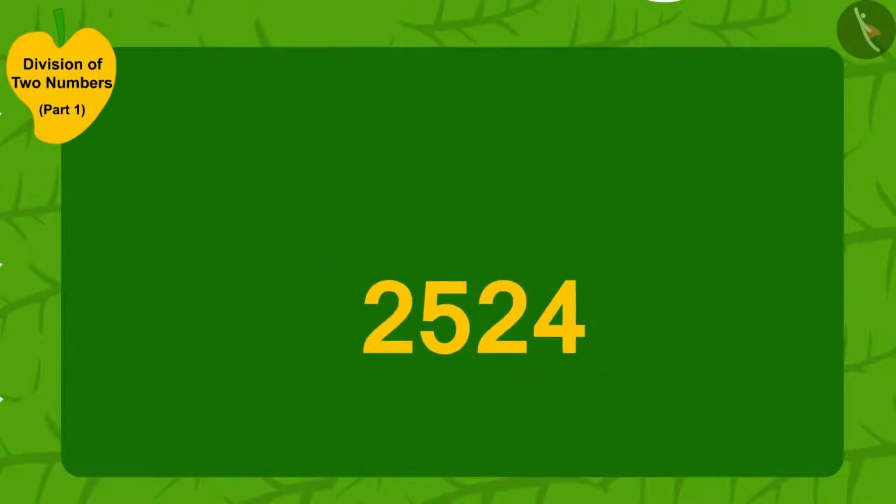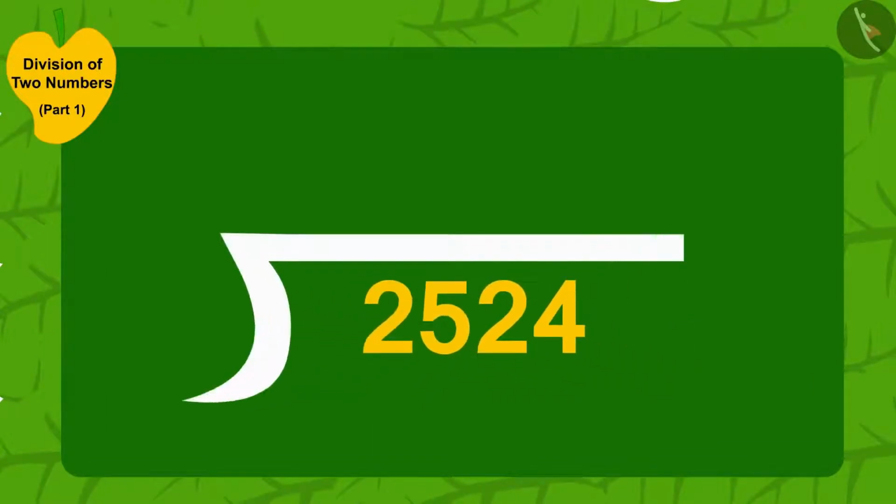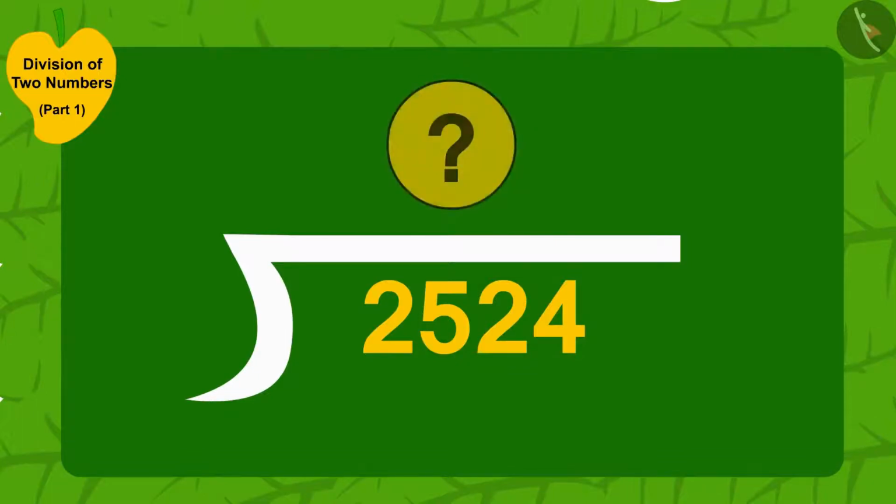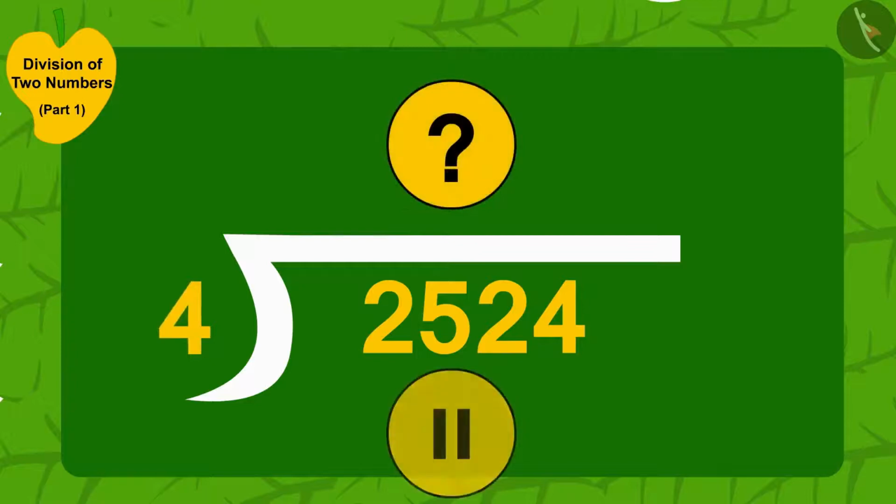Children, if Barbole uncle had 2,524 mangoes, could you use the same process of division learned now to find out how many villagers he would be able to distribute 4 mangoes each to? If you want, you can stop the video and find the answer.